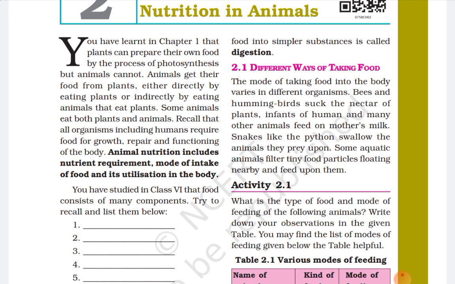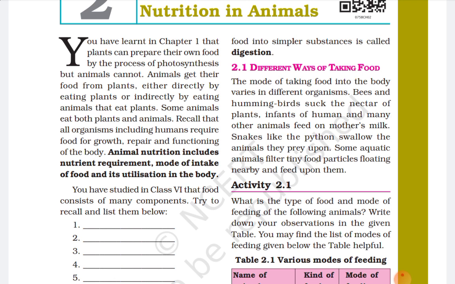Hence animal nutrition includes nutrient requirement. They need all required nutrients for growth, repair and functioning, mode of intake of food and its utilization, like the heterotrophic mode.